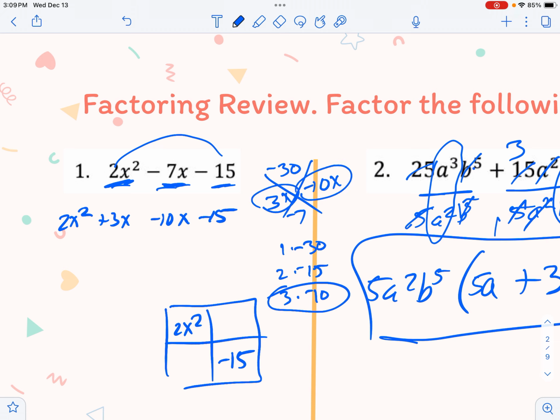And then the 3x and the negative 10x, it really doesn't matter. You check here, I can take out, it looks like a 2x. 2x times x is 2x squared. Here it looks like I can take out a 3. Going up and down in this last column here, I would say that's negative 5. So x minus 5 and 2x plus 3.